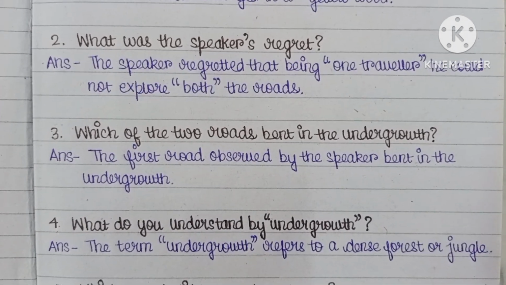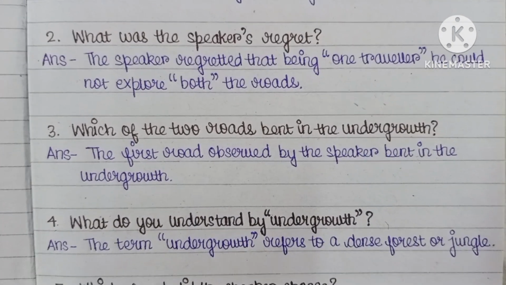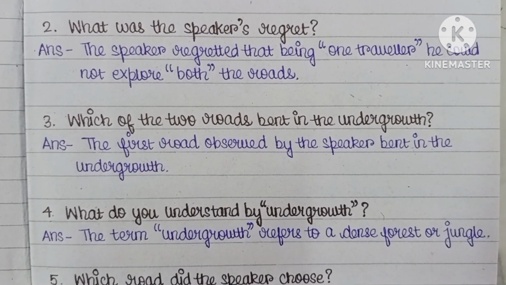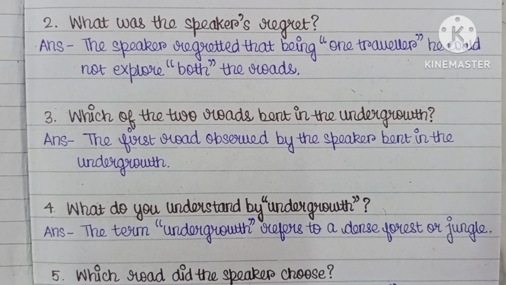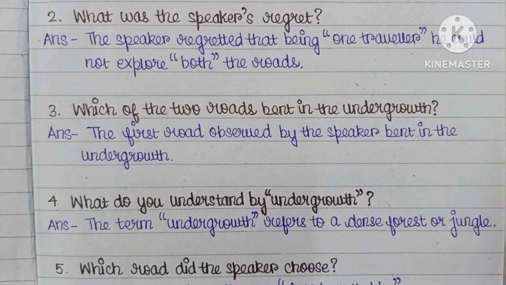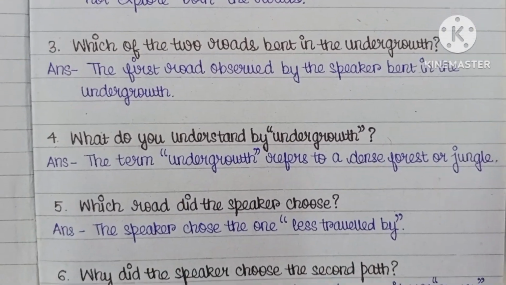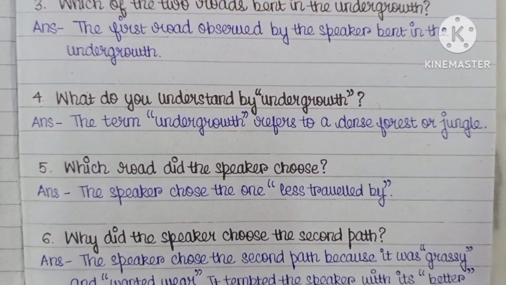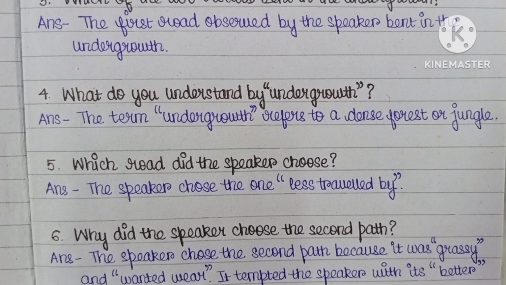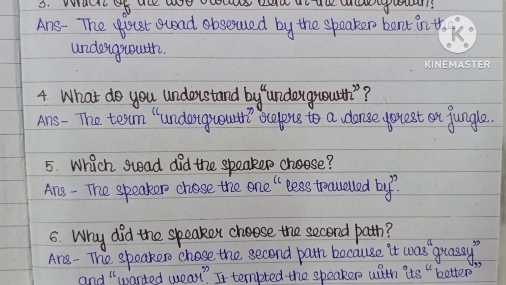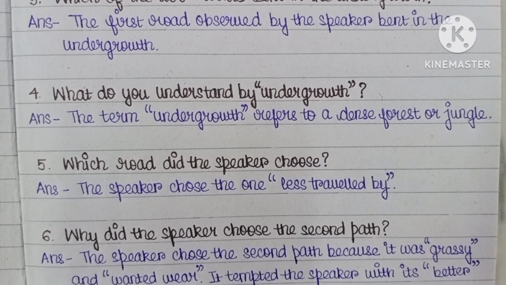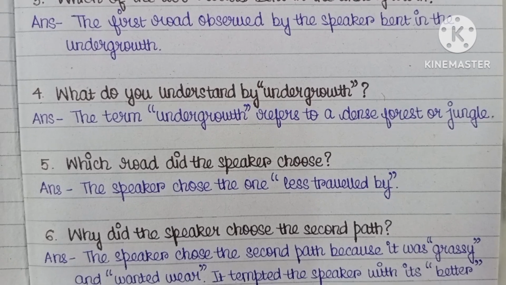Answer. The first road observed by the speaker bent in the undergrowth. Number 4. What do you understand by undergrowth? Answer. The term undergrowth refers to a dense forest or jungle.